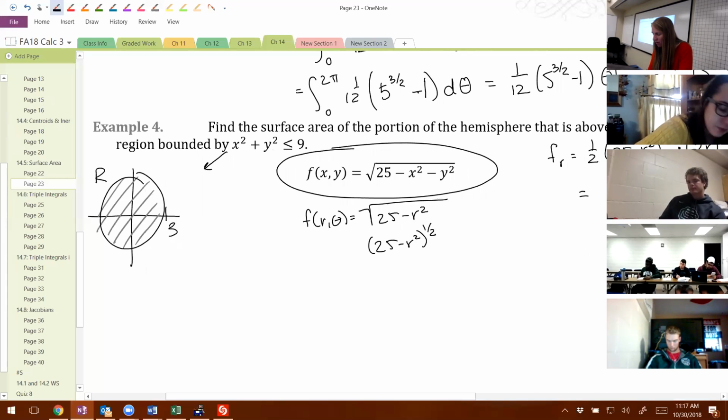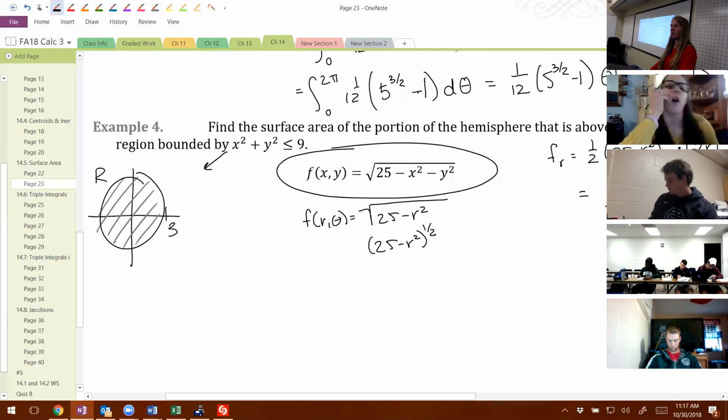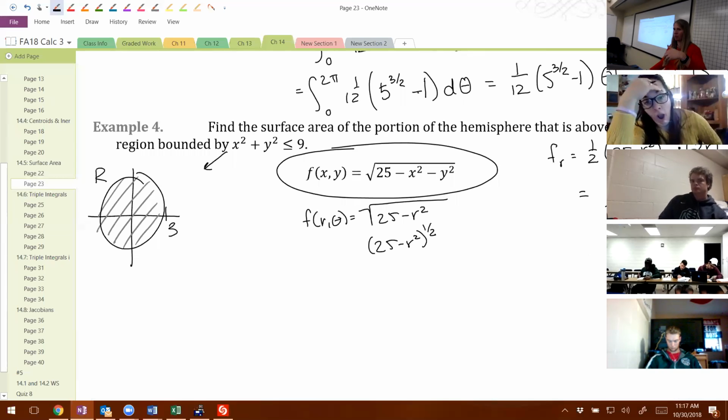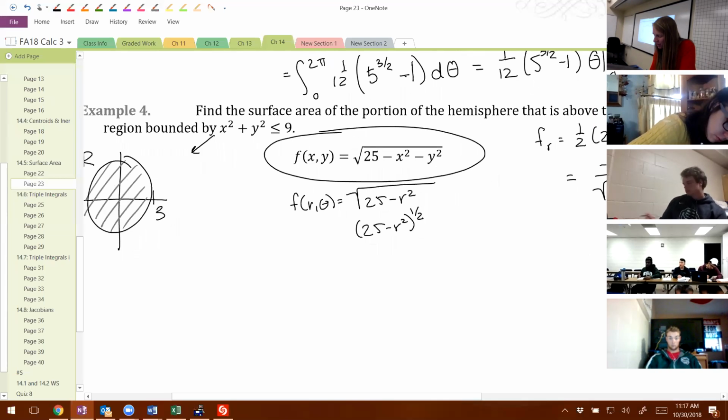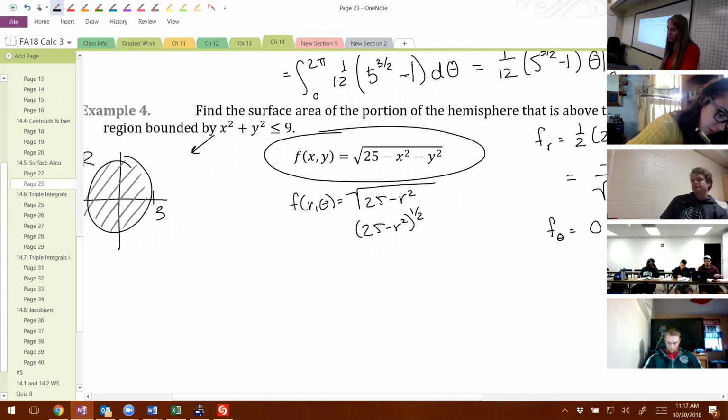This is -r over the square root of 25 minus r squared, which is definitely not a pleasant derivative. Especially if you think about that, we're going to then take this and square it and put it under the square root. It gets pretty messy for this one. It is doable, but it gets pretty messy. If we find the partial derivative with respect to theta, what's that equal? 0. Woohoo! Nice easy one there. So setup.